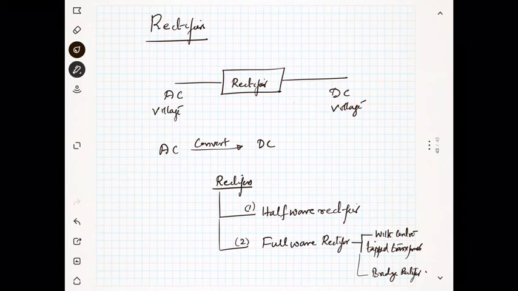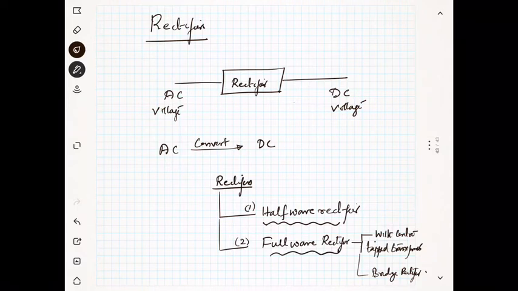So you have two types of rectifiers basically: the half wave and full wave, and the full wave is of two types, A and B. One is with the center tapped transformer and another one is the bridge rectifier. First of all we will explain the half wave rectifier.